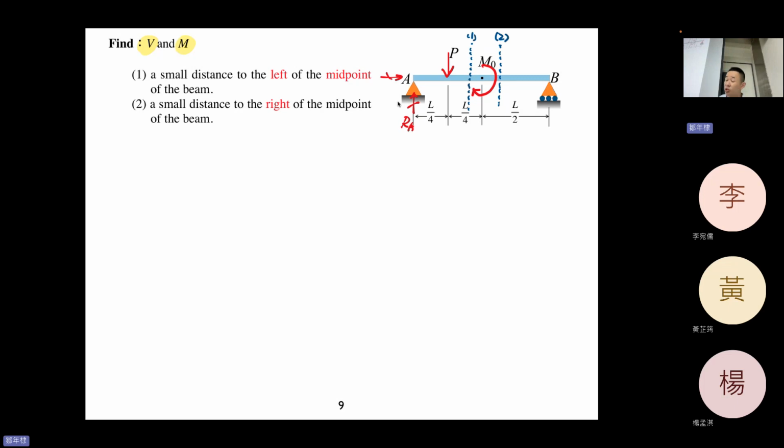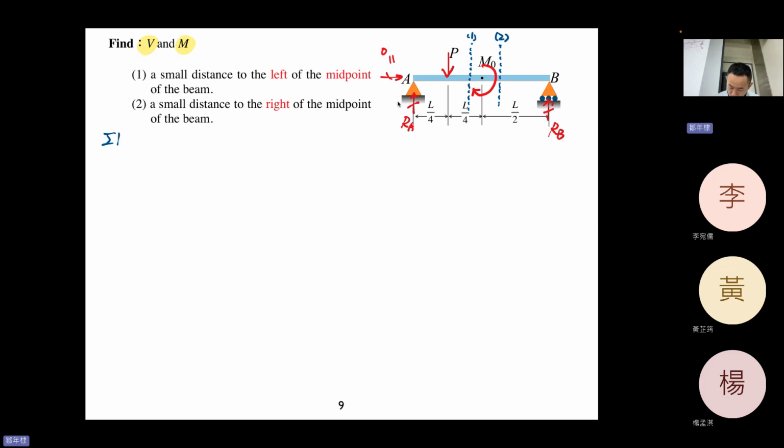But all of us know that this is equal to 0 because there's no applied horizontal load. And RB is the roller, so it only has one reaction force. Now, only 2 unknowns, so we need to determine the reaction force first.